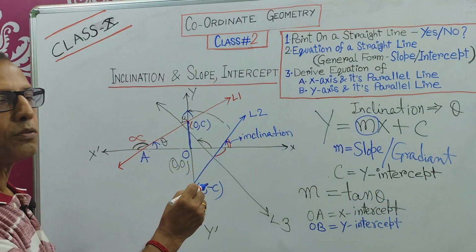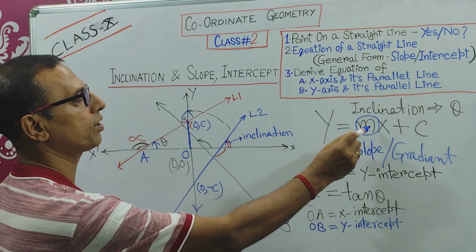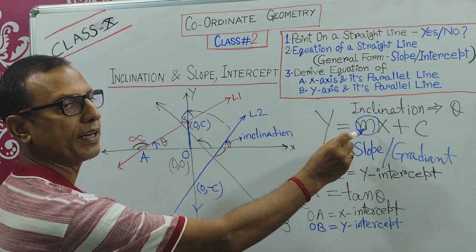So now it's clear to you. In the general form of a straight line equation, m and c, m is the gradient or slope.